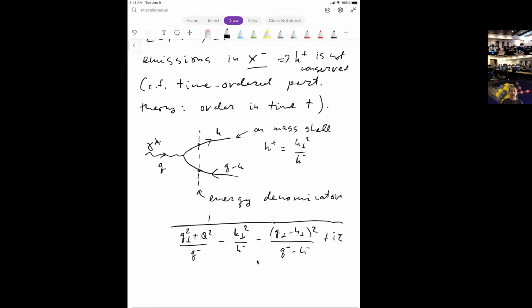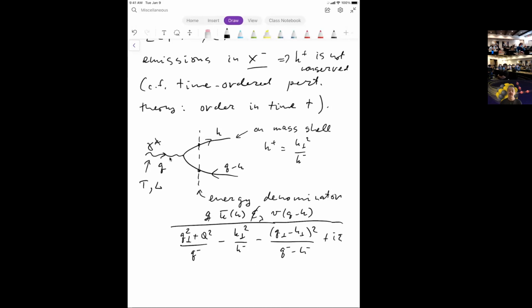And of course, if you want to calculate this object completely, you have the vertex. You have a g, you have some u bar of k, epsilon slash lambda, v of q minus k. You put the polarizations and everything, and if you do the calculation carefully, the photon here can be transversely polarized, can be longitudinally polarized.